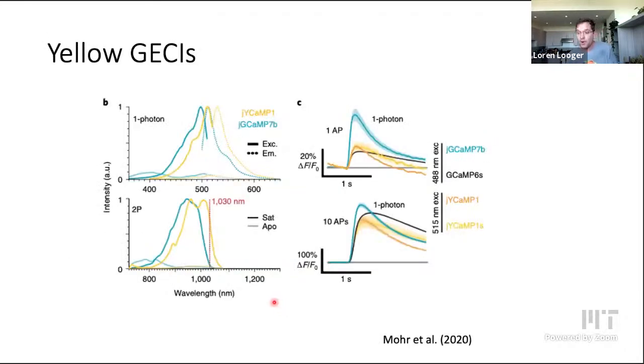Quickly want to tell you about the other two major colors of GECIs. So for various reasons, yellow sensors have a lot of appeal.